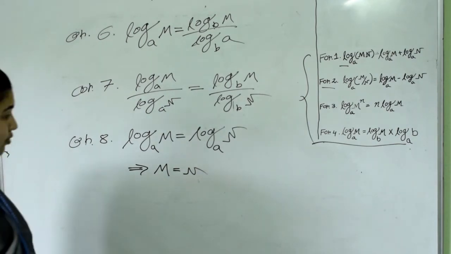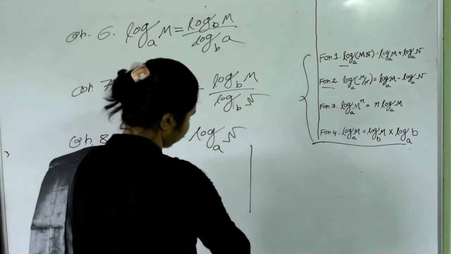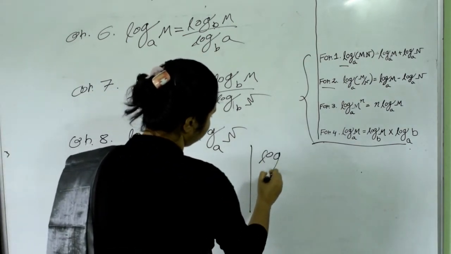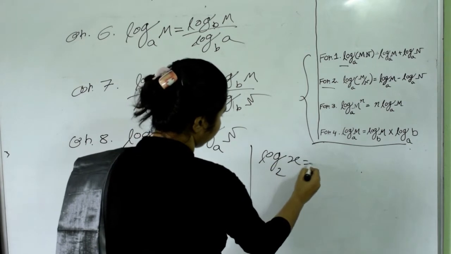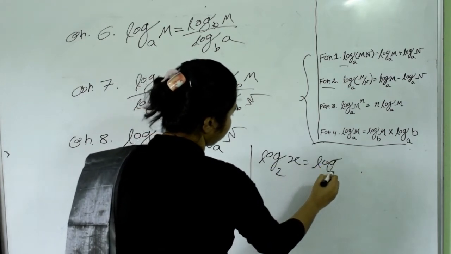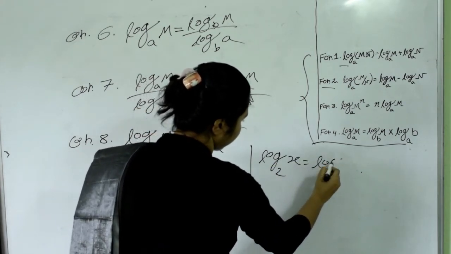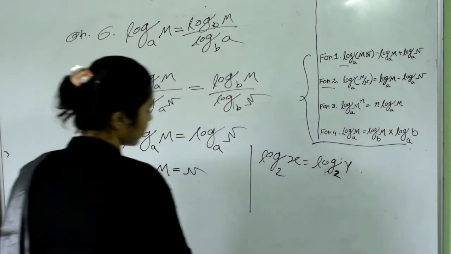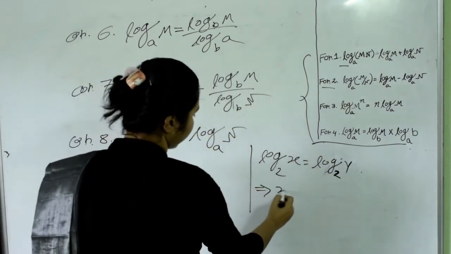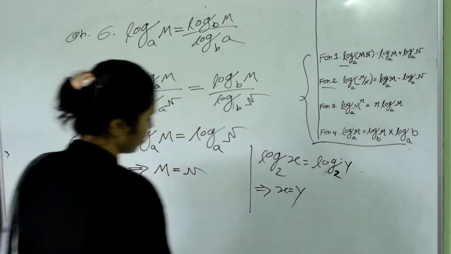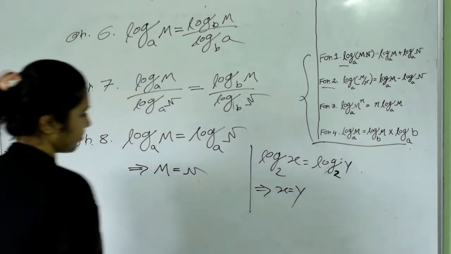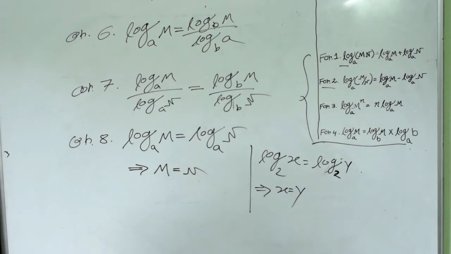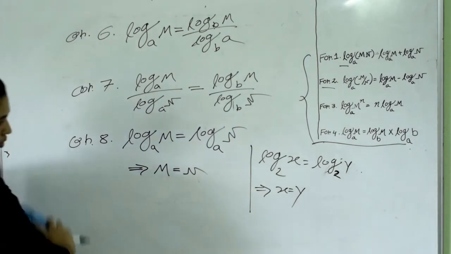So suppose if we have log with base a of x is equals to log with the same base of y, then we can equate x with y. So corollary 8 is important.